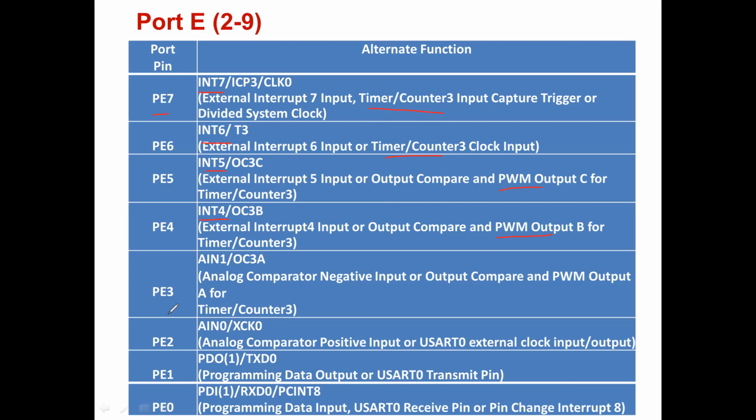And here come the four pins. Here it can act as analog pins, and this is another serial communication, a simple data output, and the same pin you can use for serial transmission and reception. This is UART 0.